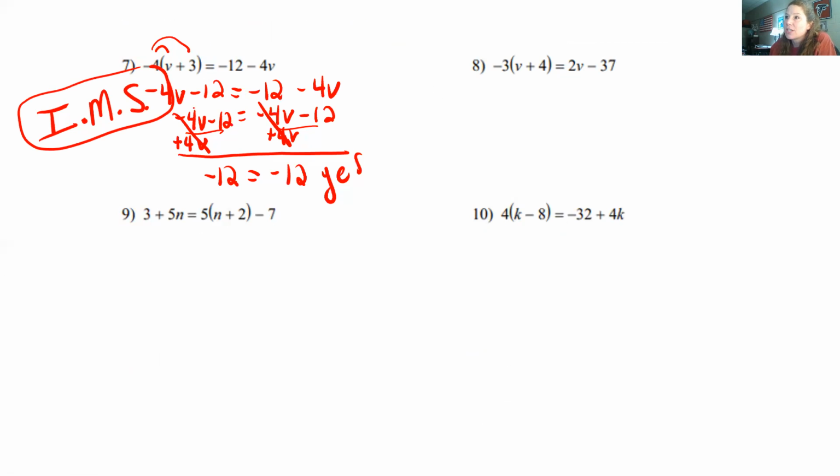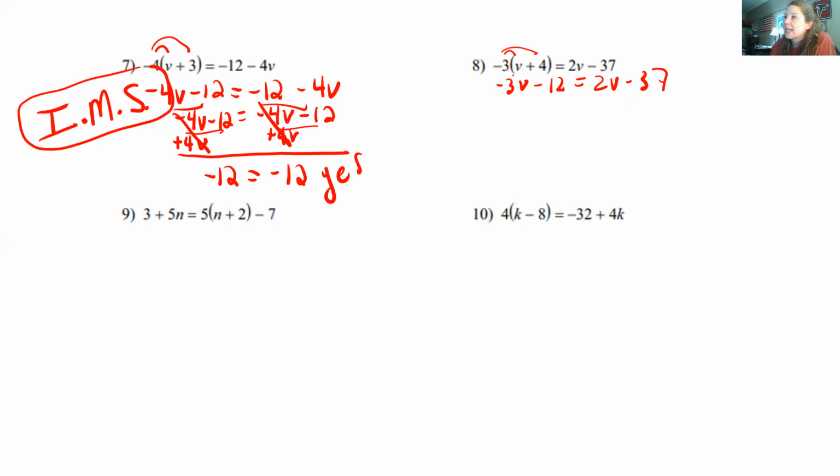When they match exactly, or when you eliminate one of the variables, you have a true statement. The other ones that had no solution were false statements. All right, so let's see what happens here. -3 times v is -3v. Minus 12 equals 2v minus 37.